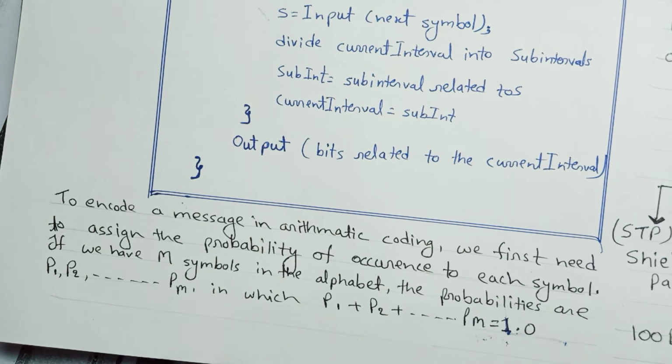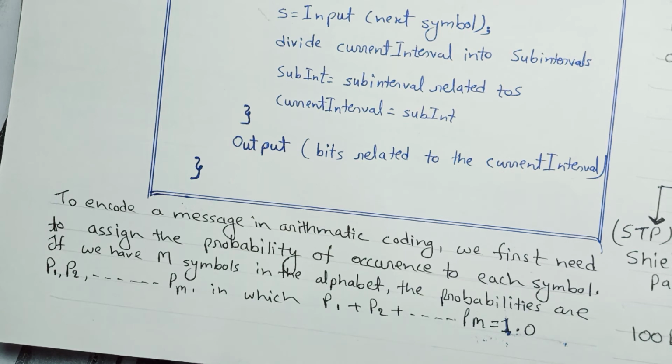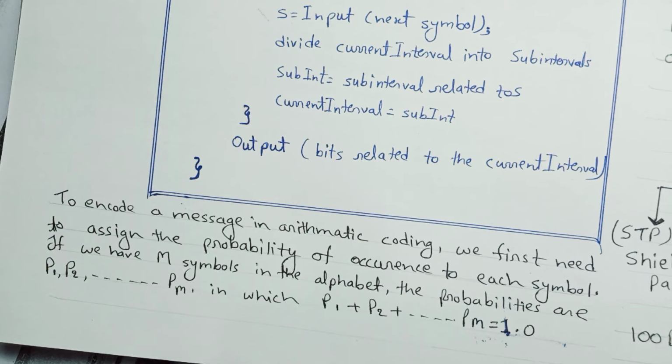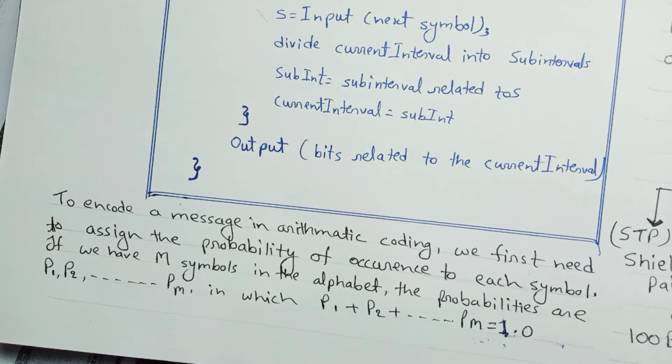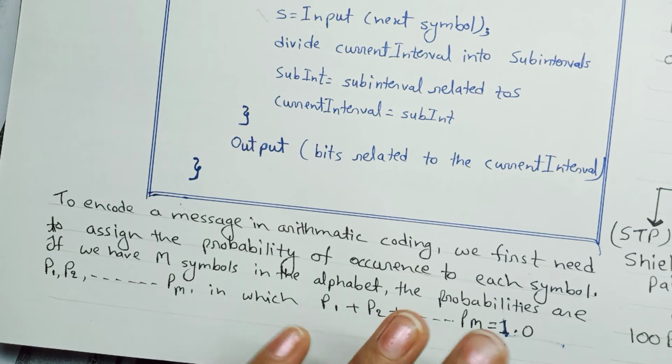So to encode a message in arithmetic coding, we first need to assign the probability of occurrence to each symbol. If we have m symbols in the alphabet, the probabilities are P1, P2, Pm, in which P1 plus P2 plus ... Pm is 1. This is only a concept.